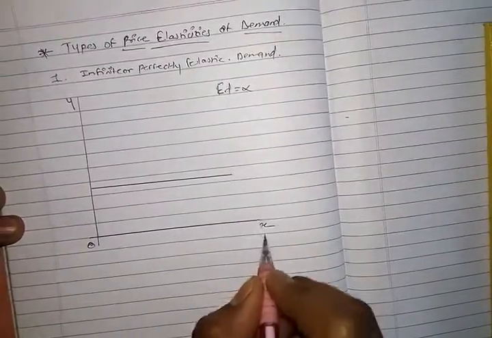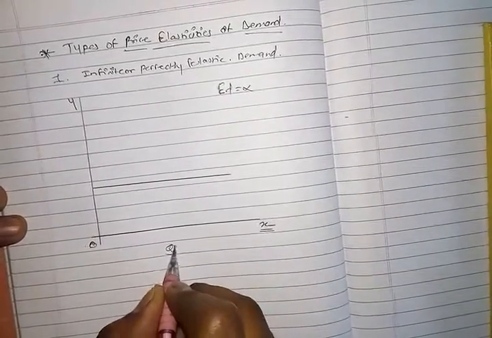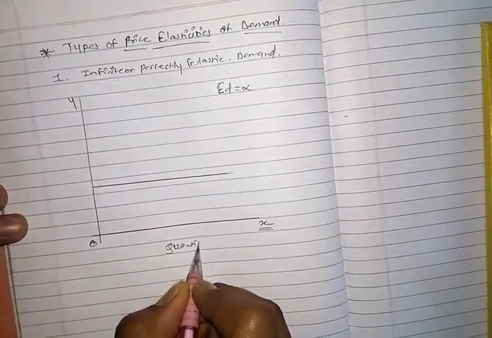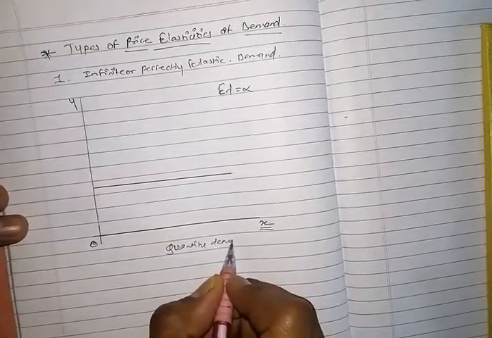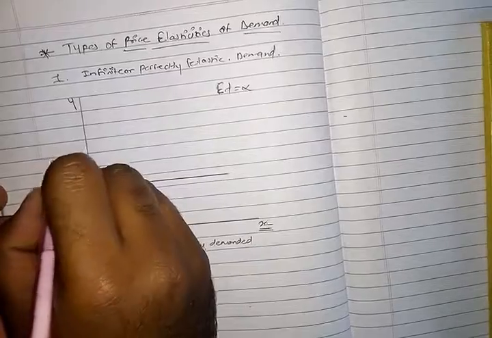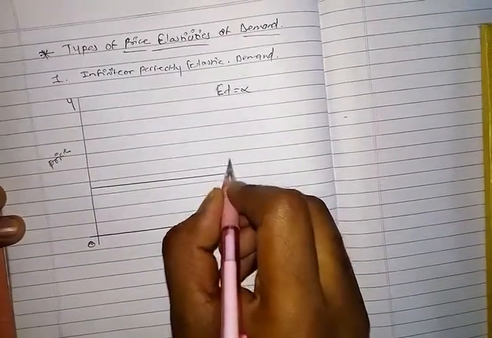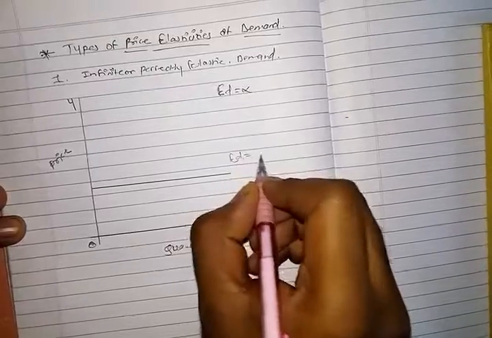First of all, we have taken the x-axis, which is quantity demanded, and the y-axis, which is price.